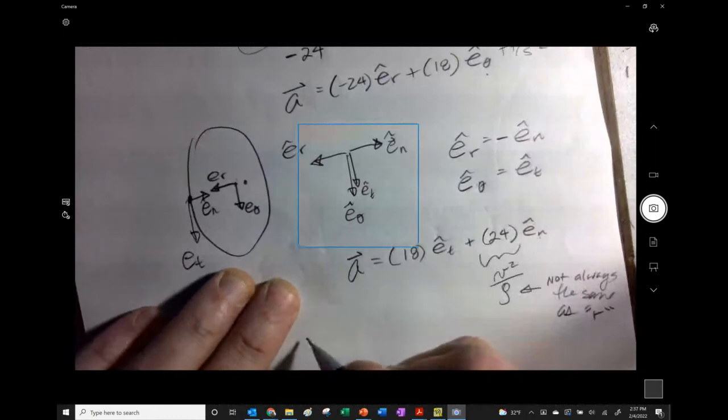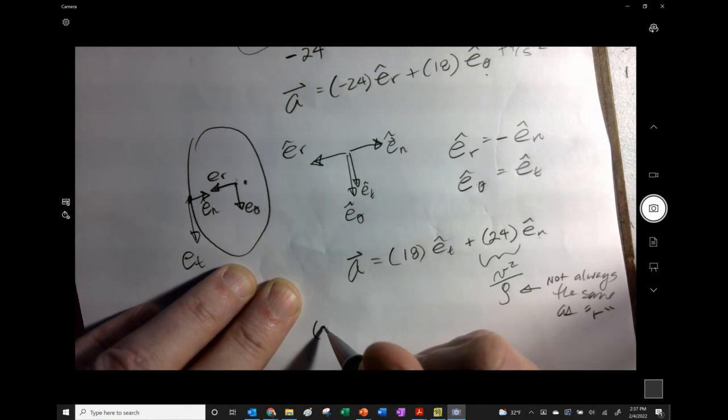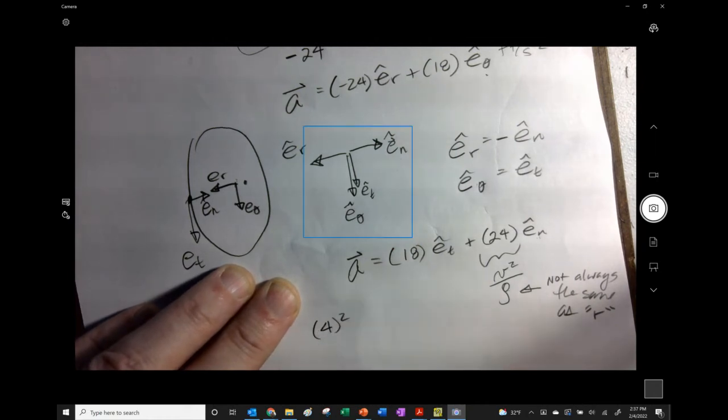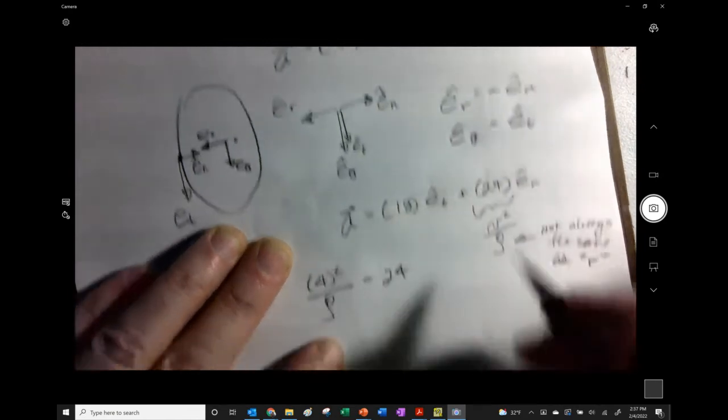So what we would say is that the velocity, which we know to be 4, squared divided by the radius of curvature, is going to be equal to 24.